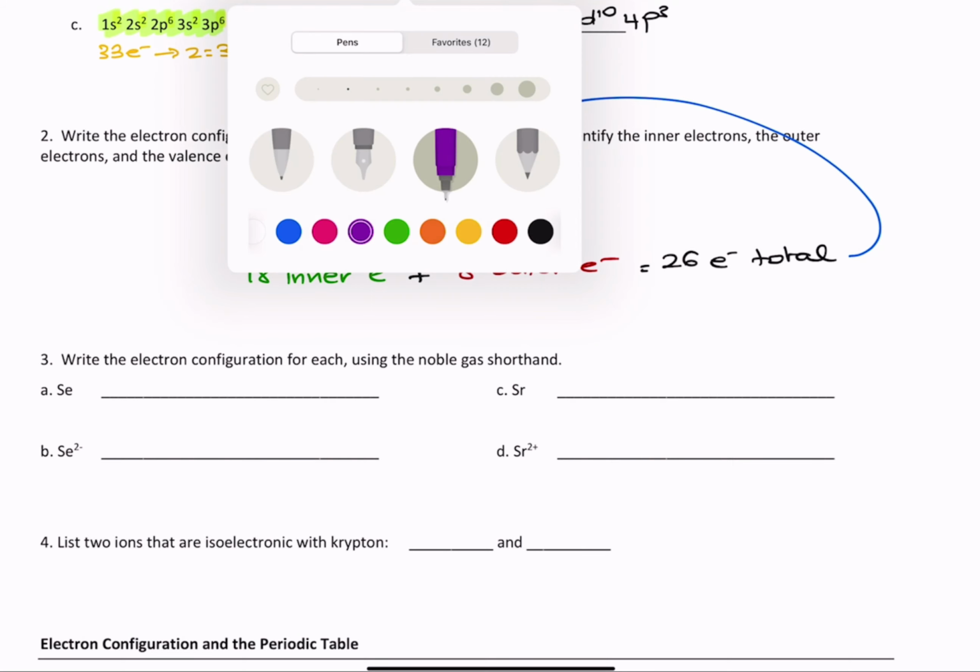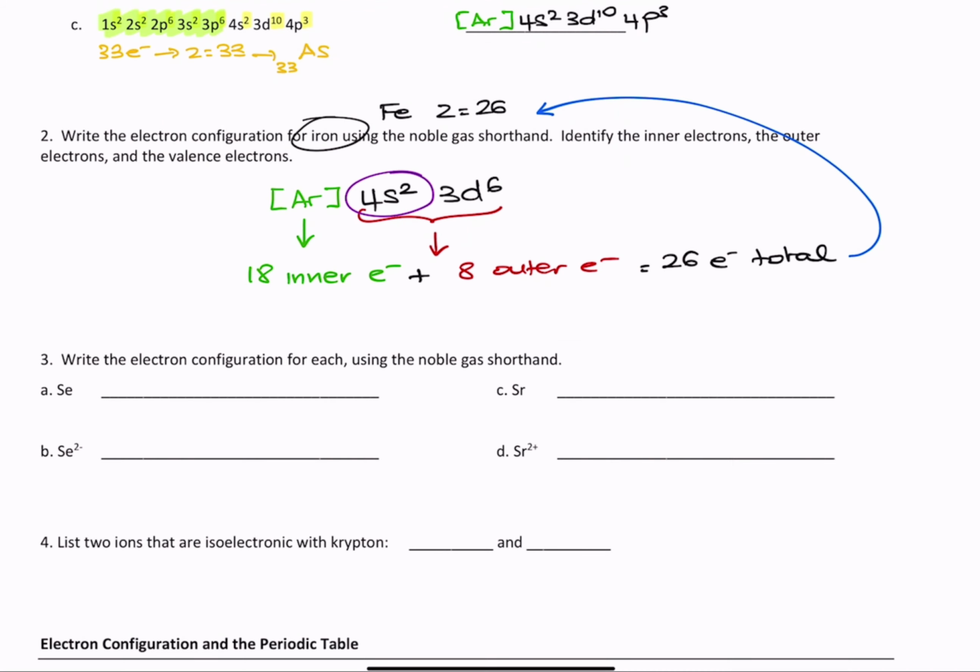And then we have here the valence shell containing 2 valence electrons. These valence electrons are parts of the outer electrons. Remember that the valence electrons can only be found in the s and p sublevel of the higher energy.